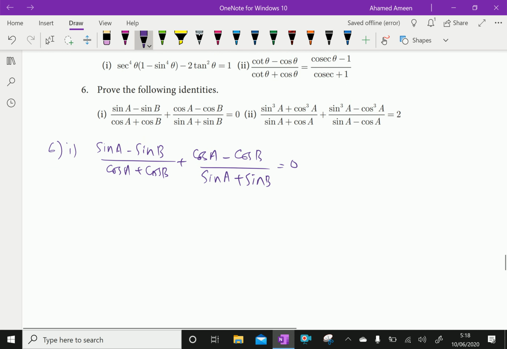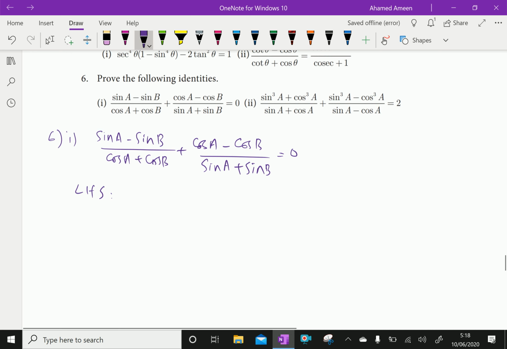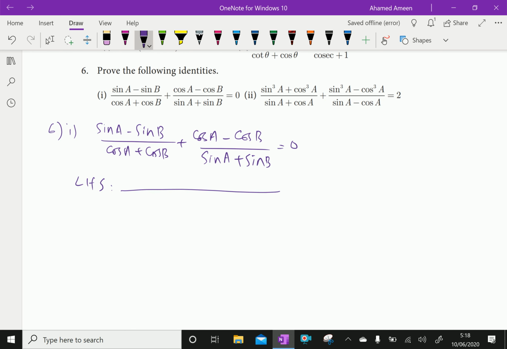Now LHS, here we have to take LCM of denominator, that is cos A plus cos B into sin A plus sin B.